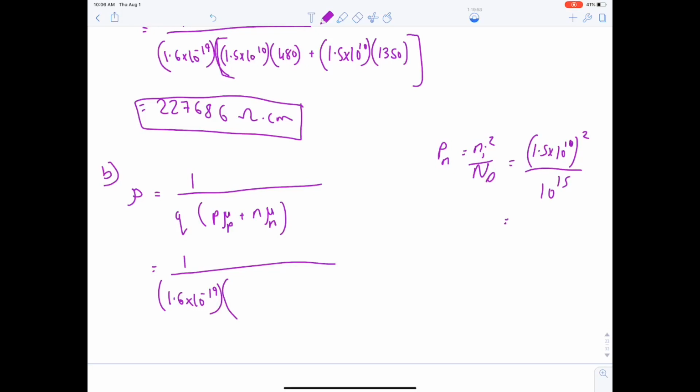This will give us 225,000 centimeter minus 3, and Nn is equal to Nd, which is 10 to the power of 15 centimeter minus 3.